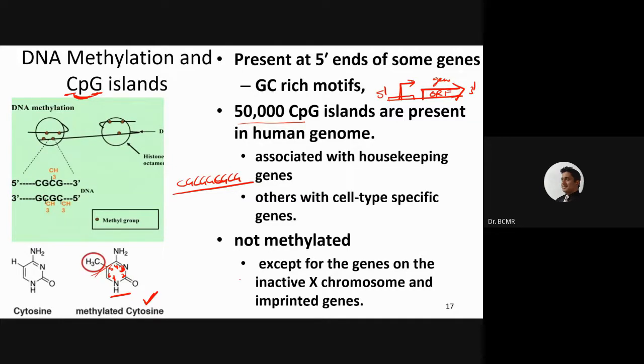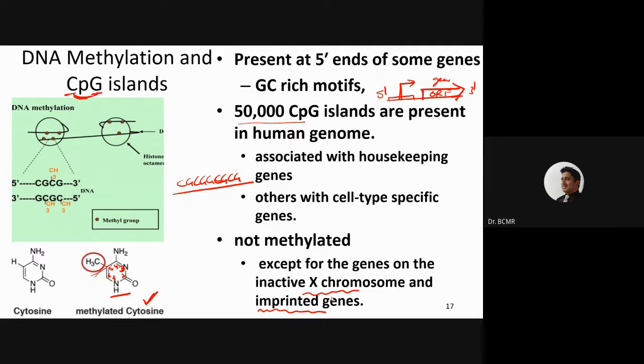As we progress with the X chromosome, inactivated X chromosome and imprinted genes, we will learn a little more there. But right now, at the fundamental level, what we should understand is CpG islands are GC-rich regions that are often present in regulatory regions, mostly 5' or near the promoters of several genes.